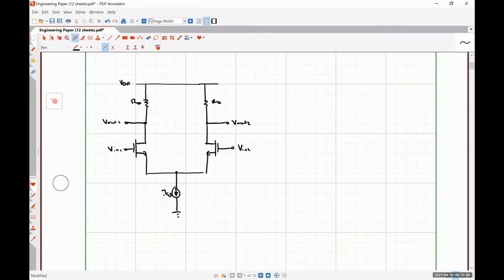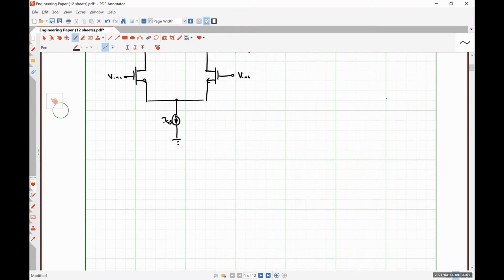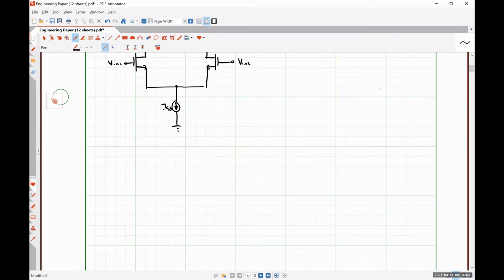So in order to avoid this reduction in gain, what we can do instead is load our amplifier like so.